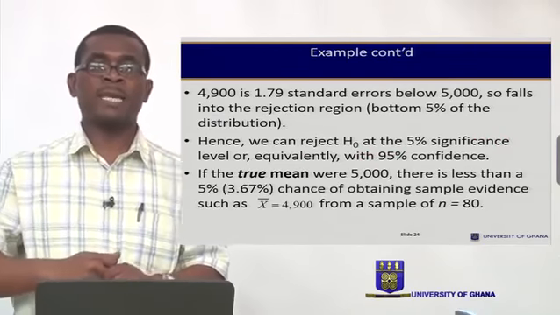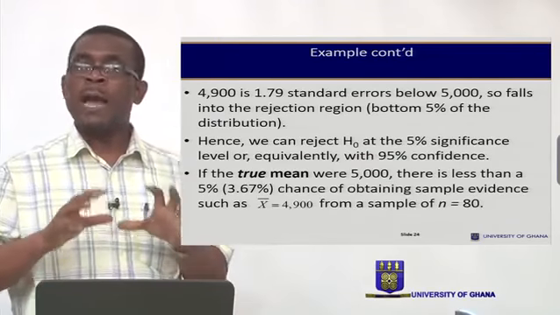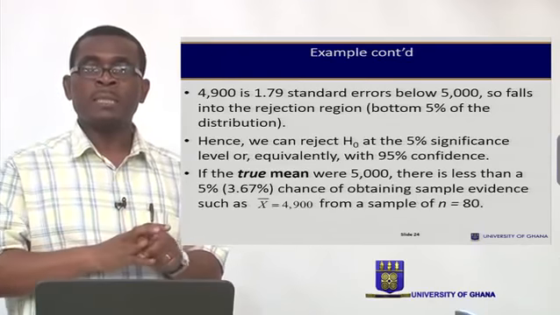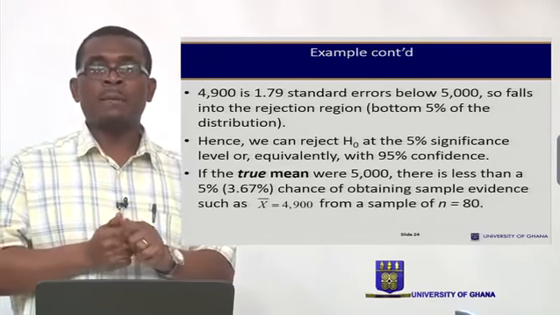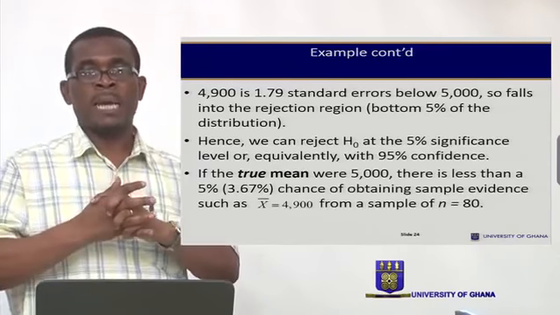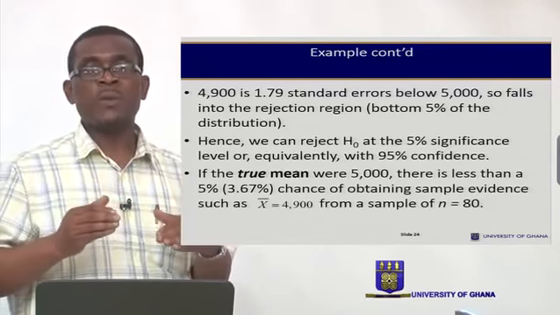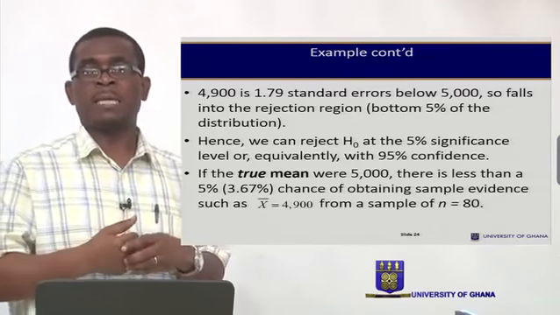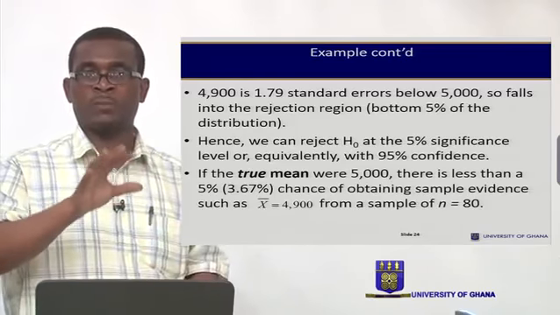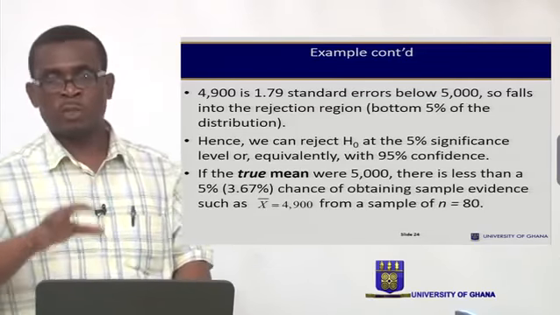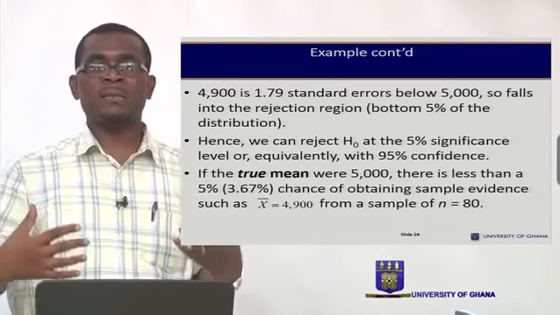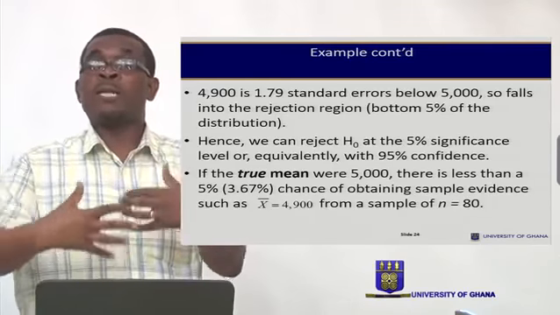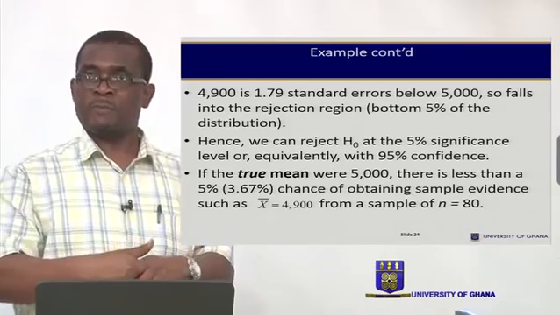The point we are making here is that if the true mean were actually the 5,000 being claimed by the manufacturer, then there's less than a 3.67% chance of obtaining sample evidence such as an x bar of 4,900. Let's get this straight. We are making this decision with an error level that we're willing to accept of 5%.